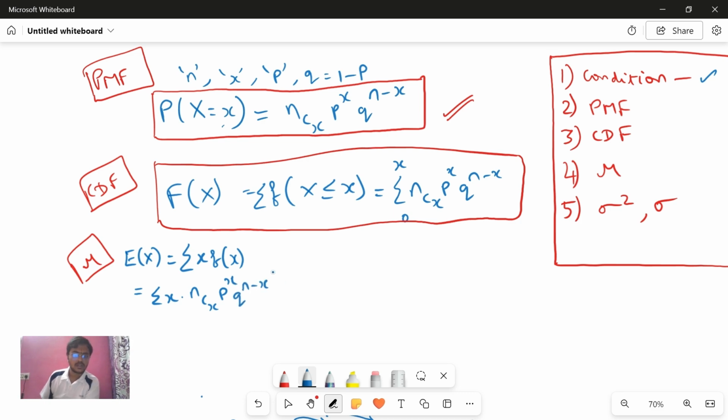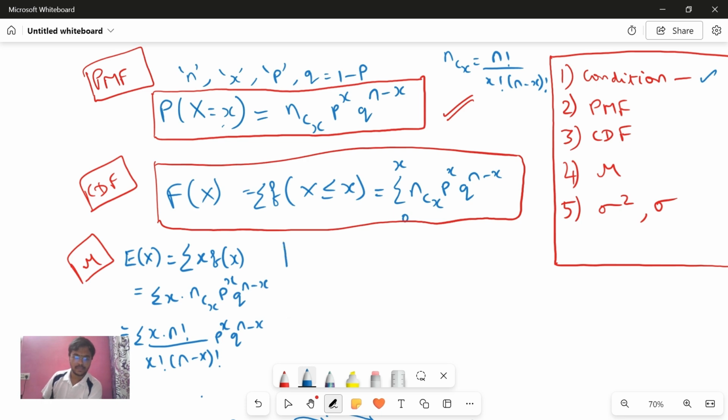Now I will expand this nCx. How to expand nCx? That I forgot to tell. You know nCx is nothing but n factorial by x factorial into n minus x factorial. We studied this part in the binomial theorem. So I'm writing it here: n factorial by x factorial into n minus x factorial into p power x into q power n minus x.